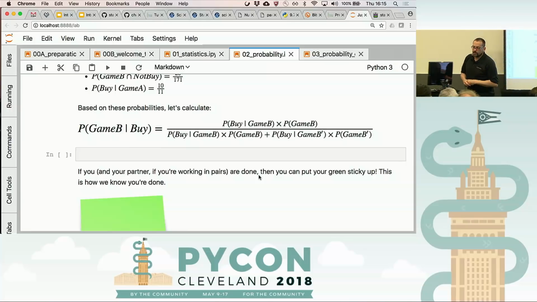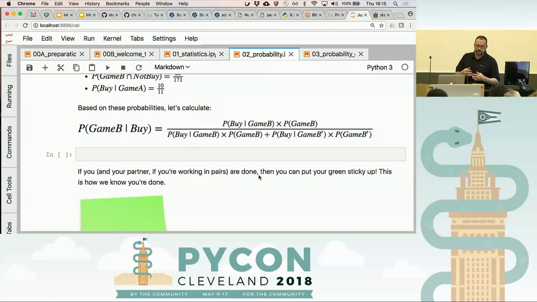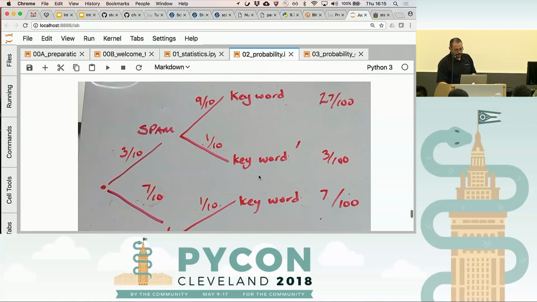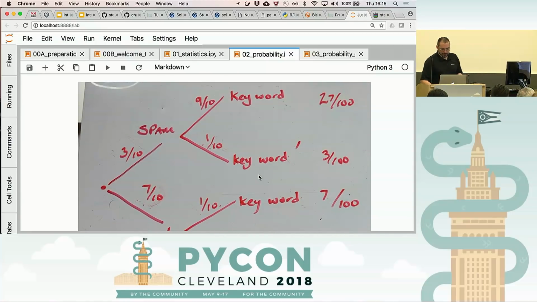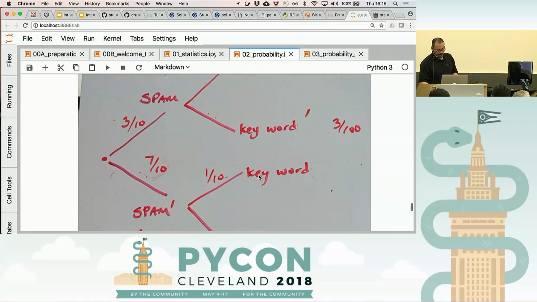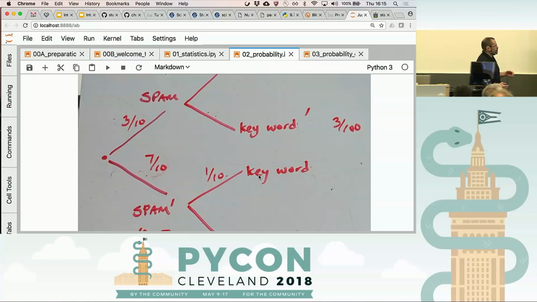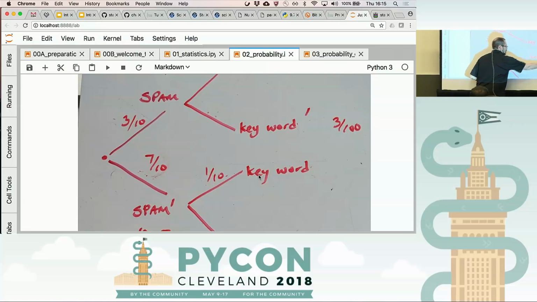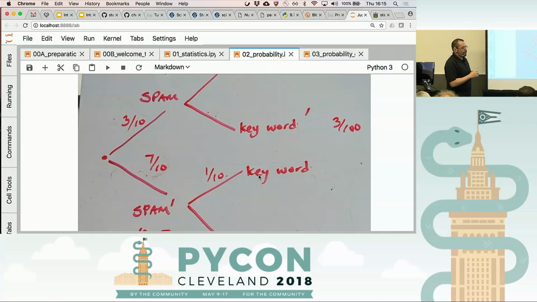Just as I walked around and talked to a couple people and listened to some of the comments, the process of getting from point A to point B is essentially the hard part. And how this will normally play out in these types of examples, you will potentially be given one of these two values on a branch, so you have to do the math to get the other. You'll be given two values here, and you can get the third. You'll be given two values here, and you need to get the middle one, those kinds of things.